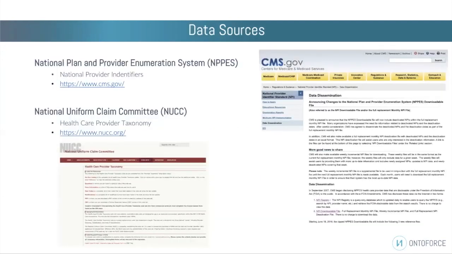So what are the data sources which are under attention today? The major source is the National Provider Identifier list, also provided by the National Plan and Provider Enumeration System. I added a screenshot where you can find the data, and we further supplemented this information with the National Uniform Claim Committee data, which is the healthcare provider taxonomy.